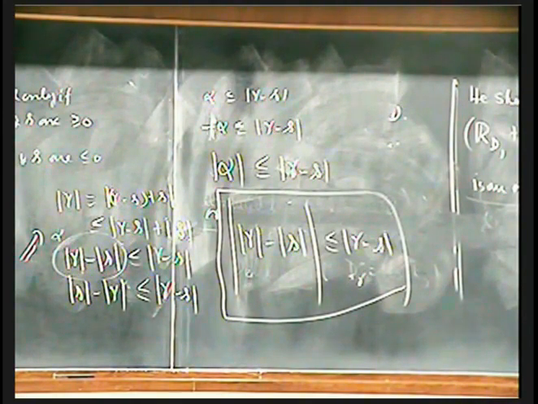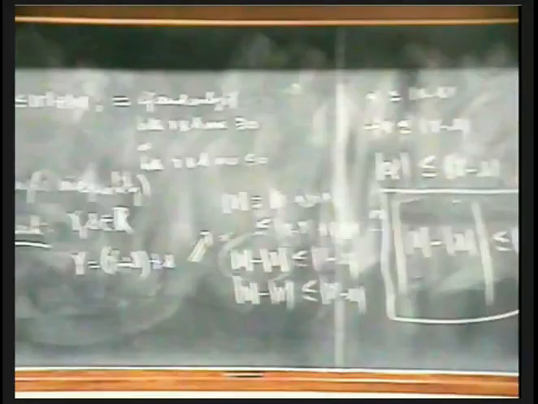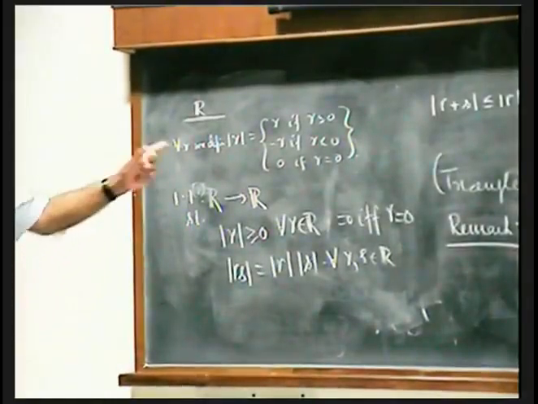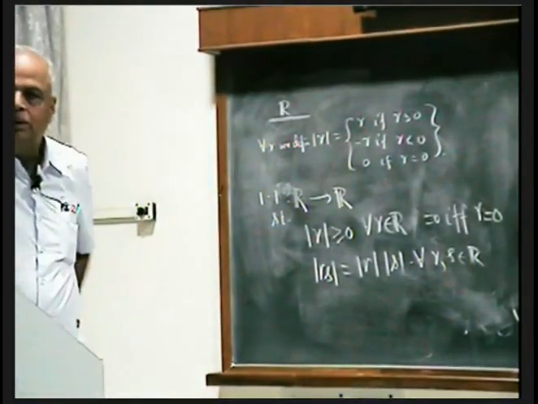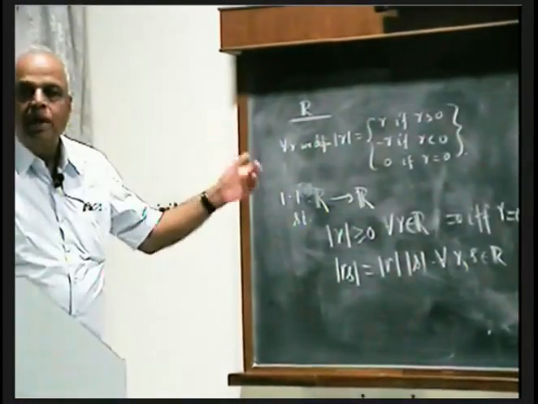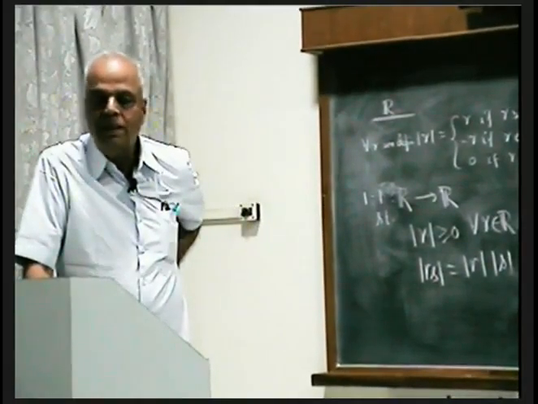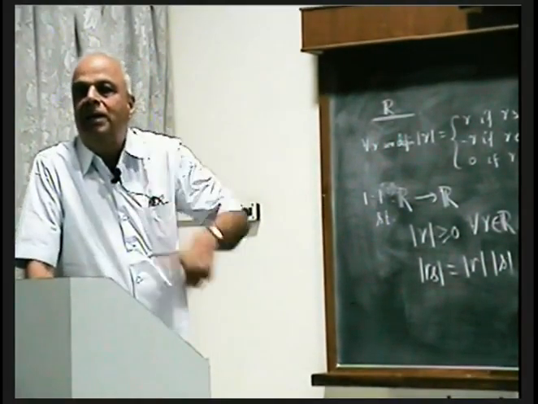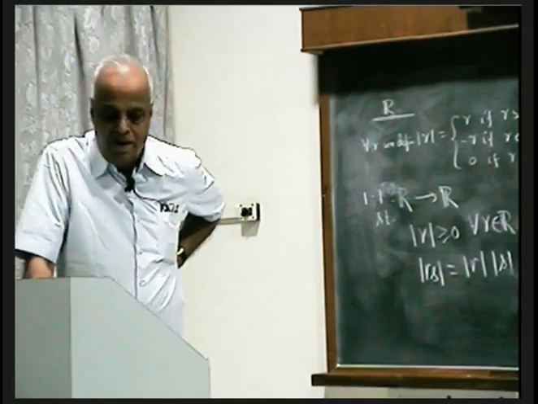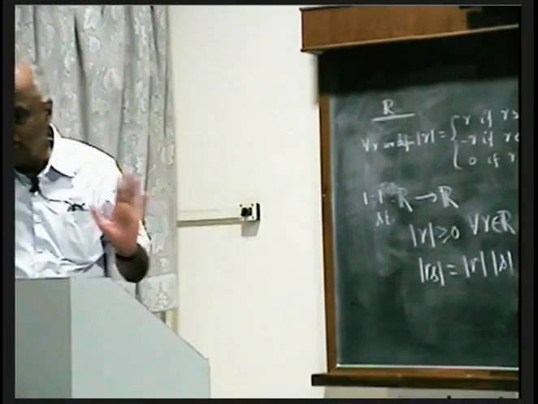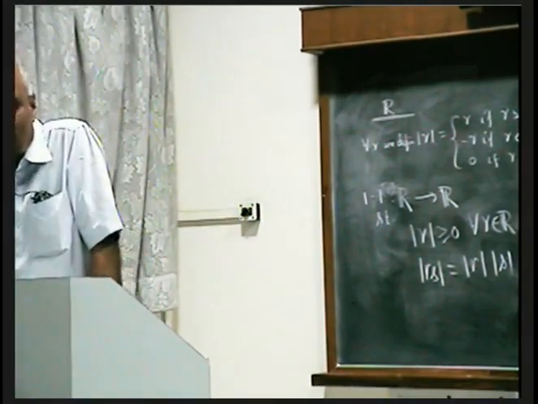Then we'll come to functions. So the next chapter will be the properties. These are called topological properties that arise out of this absolute r and absolute r minus s and their generalization. So today we concluded the real number construction.